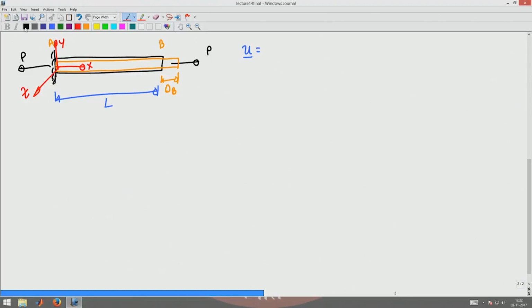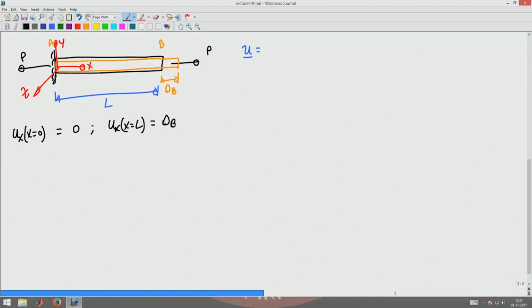That is, the ux component of the displacement at x equal to 0 is 0 and at x equal to L is delta B.